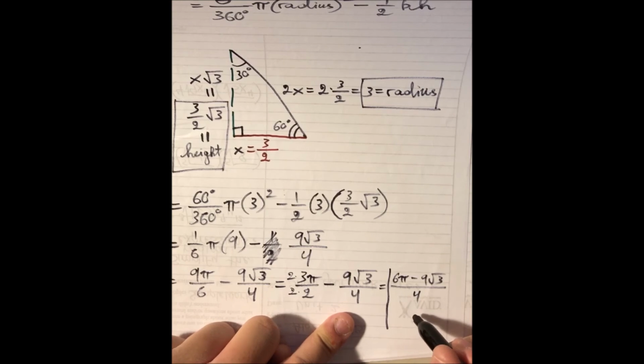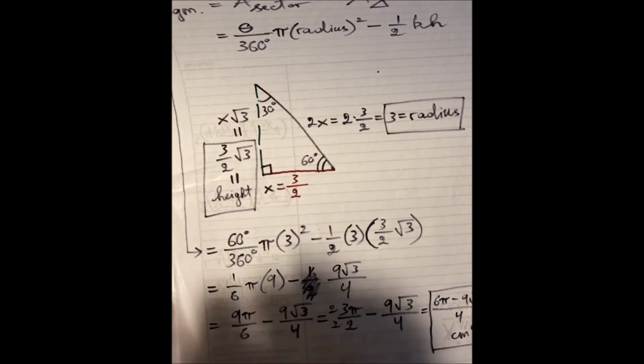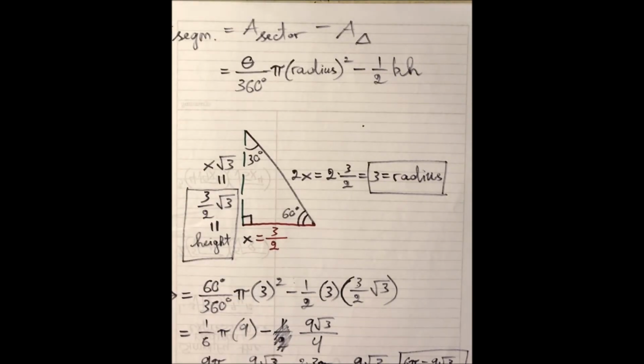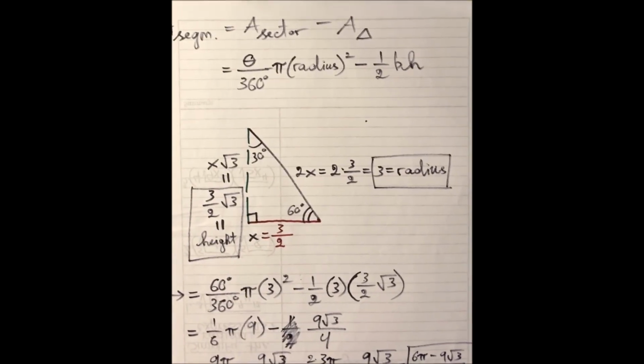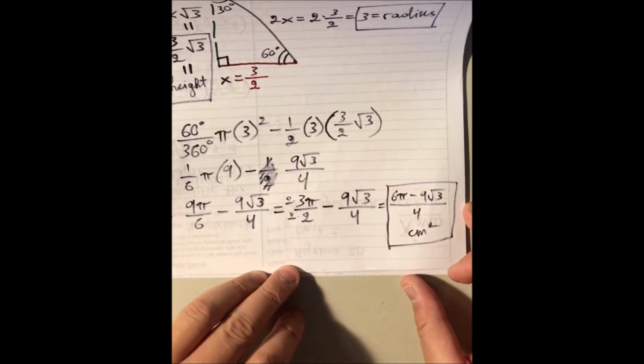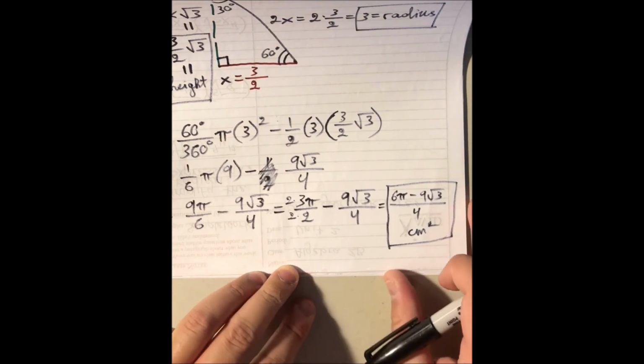So this is in centimeters squared. Yes. So the area of each segment is 6 pi minus 9 times square root of 3 over 4 centimeters squared.